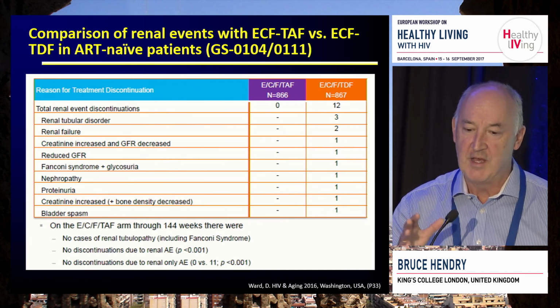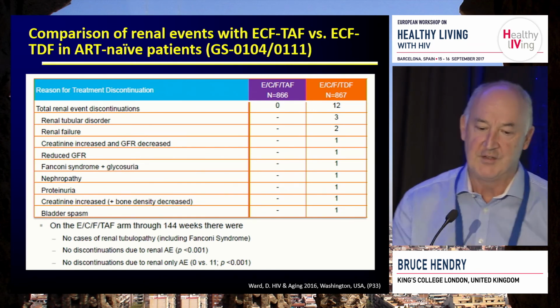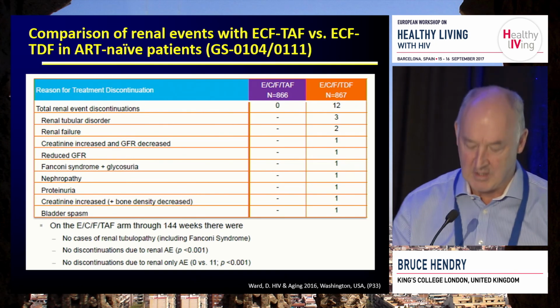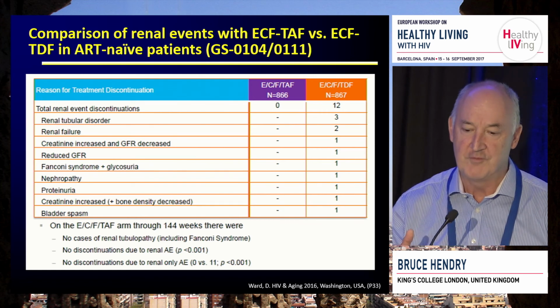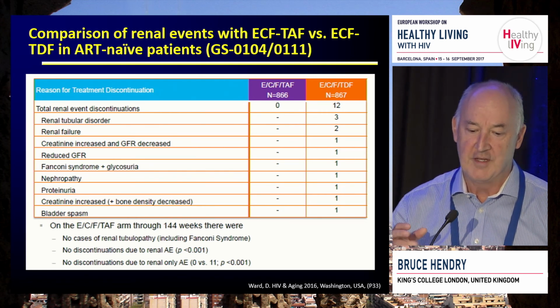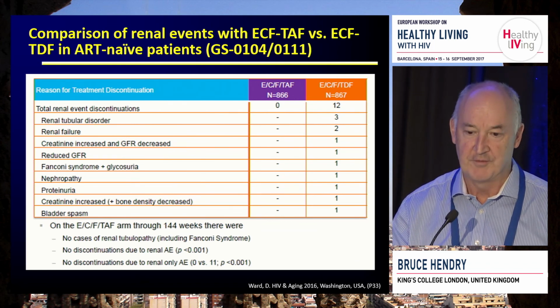So the bottom line is that the TAF regimes appear to be benign as far as the kidney is concerned, and the evidence on that is short-term, medium-term, and now growing. So TAF has, I think, joined a group of drugs that we can use that appears not to have a renal signal on current evidence.